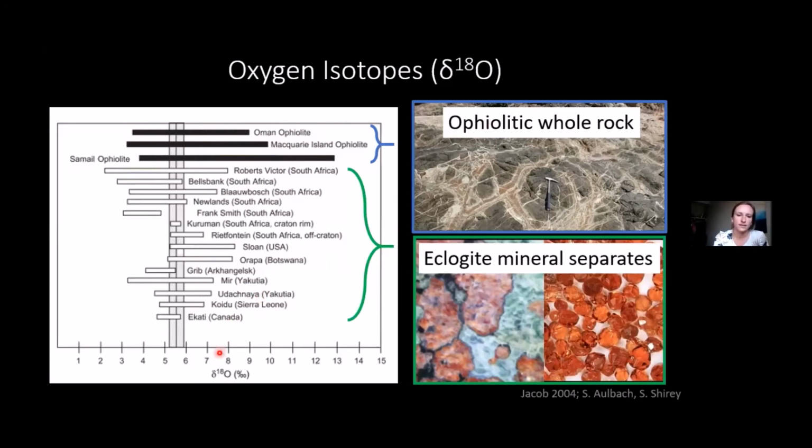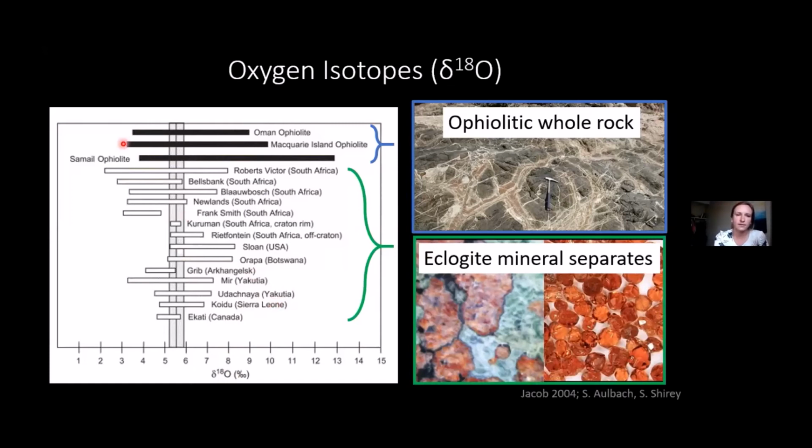And so when you look at the delta 18O values of these two different types of samples, again, what you'll see is a wide range in delta 18O that represents, once again, the presence of crustal and lithospheric material in these samples.